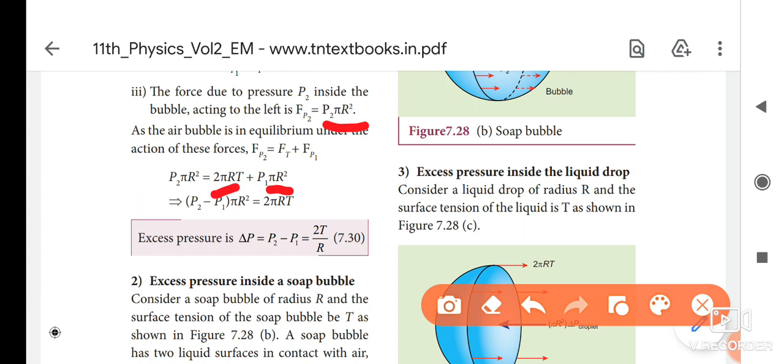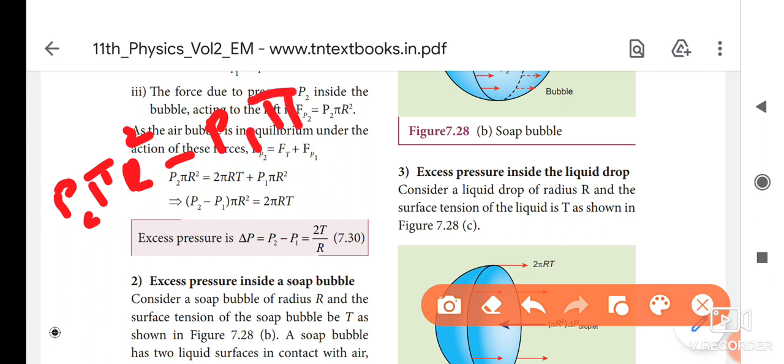Now I take this P1 and arrange the P terms on one side. So I take P2 pi r squared, then minus P1 pi r squared, because when it comes to this side, positive changes into negative. Do we all understand?